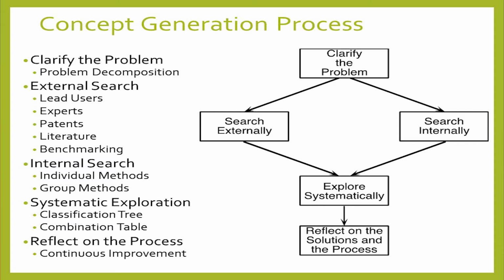Can we literally sketch out how the problem happens or how the need occurs? Can we construct a sequence of steps that gives us insight as to where we can make improvements on the current process that customers use in solving that problem?